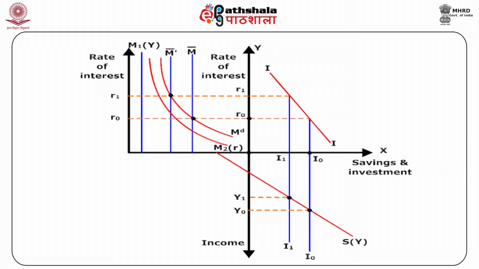At this volume of investment, if we now proceed to the product market, which is given in the fourth quadrant, what we have done essentially is that we have taken the Y axis of the product market and placed it along the X axis of the capital market.